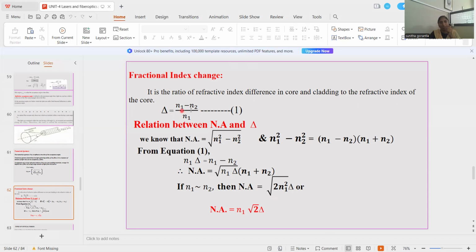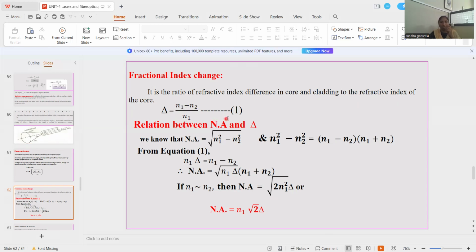Delta is equal to (n1 minus n2) by n1. This is called the fractional index change.